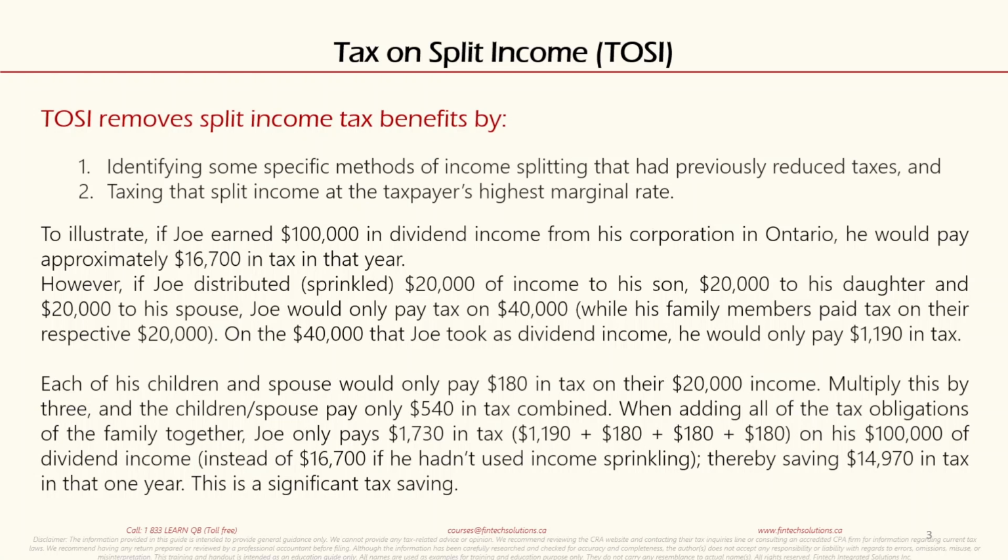Well, very good plan. On the $40,000 that Joe took as dividend income, he would pay only a tax of $1,190, which is even better. Each of his children and spouse would only pay $180 in tax on their $20,000 income. Multiply this by 3, and the children and spouse would pay only $540 in tax combined.